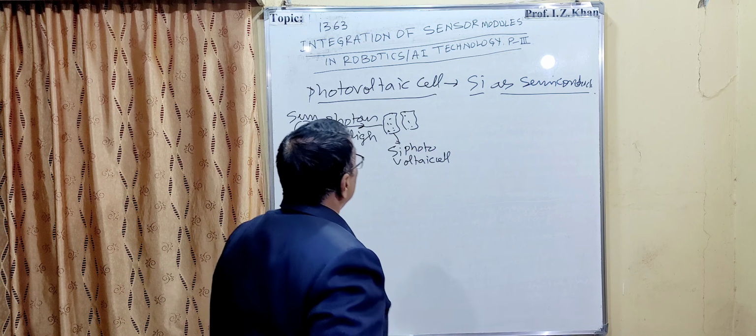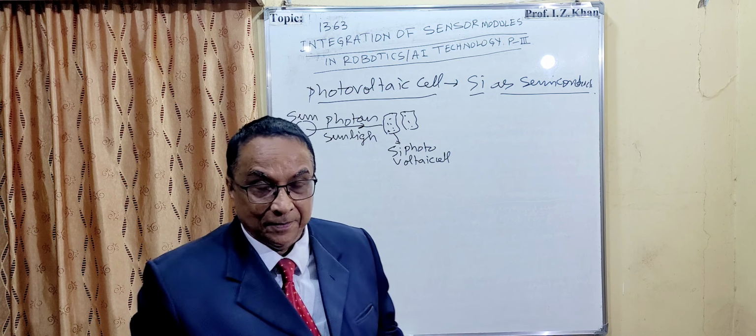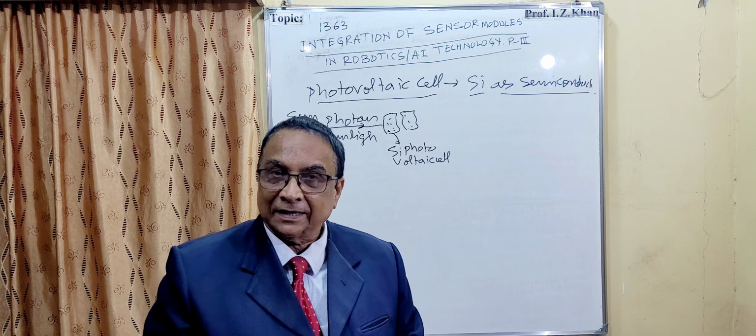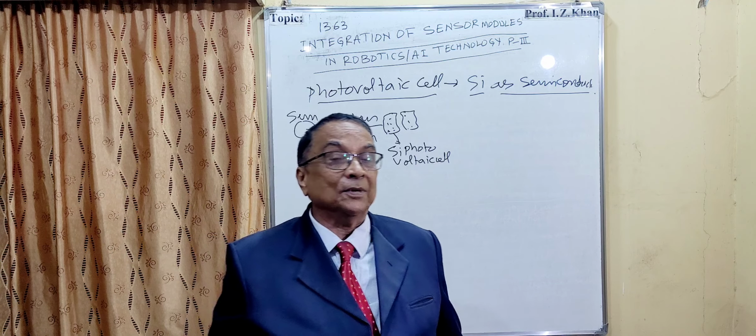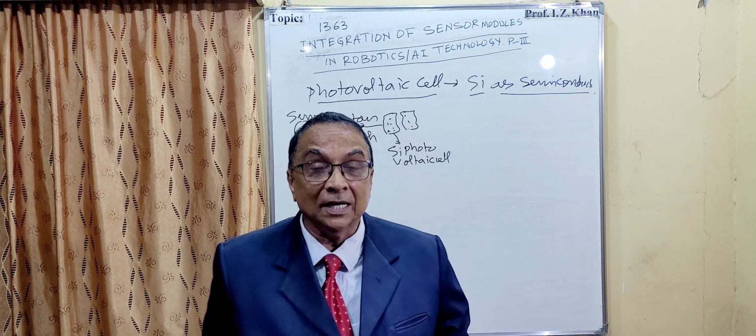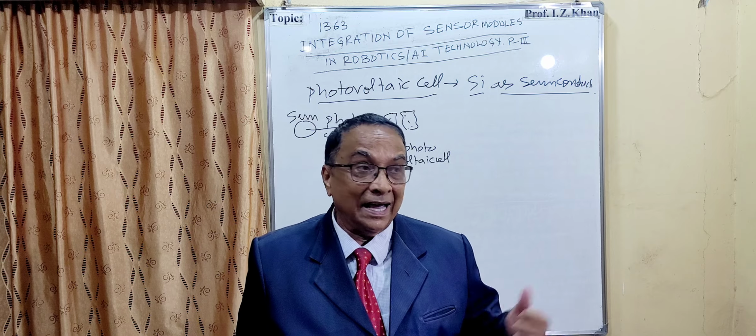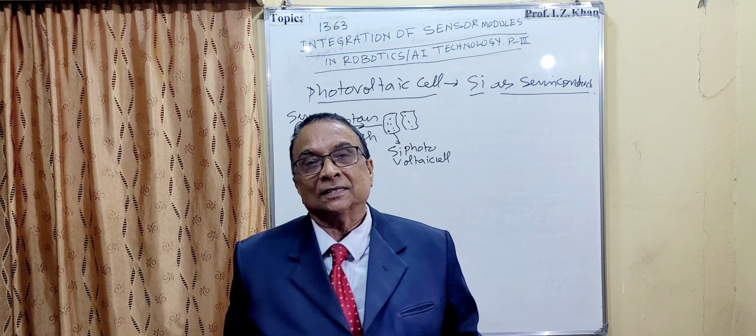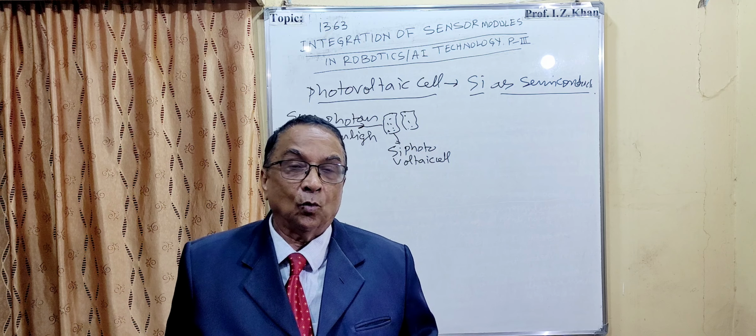For your information, today in 2025, photovoltaic cell technology has more than a 500 billion US dollar market, and in the coming 5 to 10 years it is going to cross a 1 trillion US dollar market.